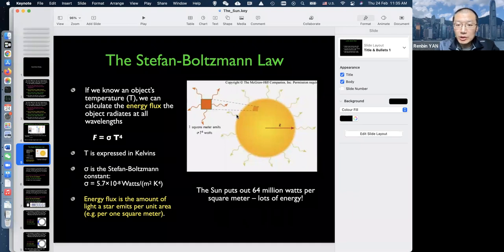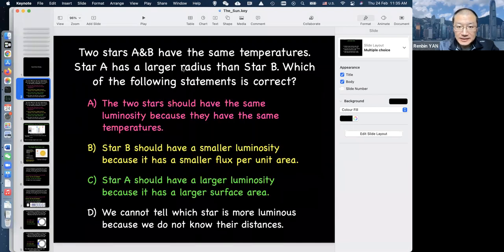If you want to know the total luminosity, you need to take the output intensity per unit area and multiply it by the whole surface area of the star. If two stars have the same temperature, as it says in this question, that means the energy flux per unit area is the same.